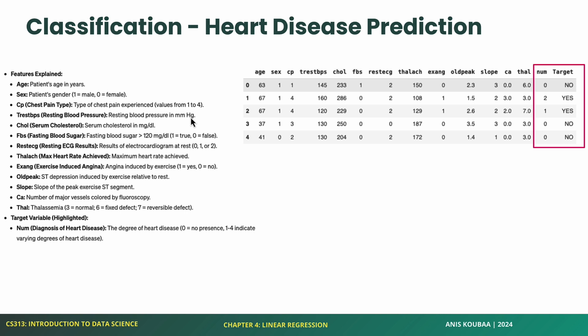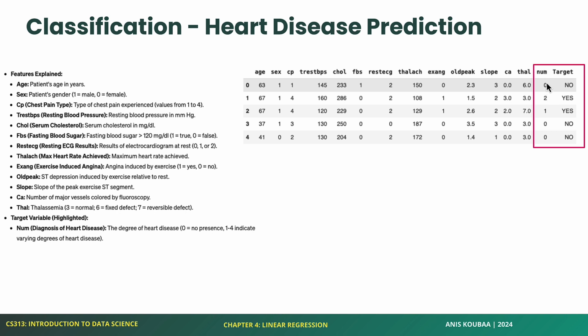Now, if we consider our use case today, which is heart disease prediction, given certain features of a person, we can classify whether this person has a heart disease or not. And there are two ways we can classify that.